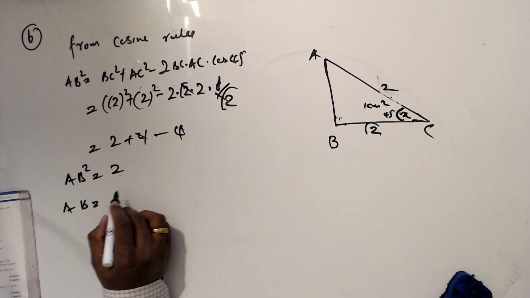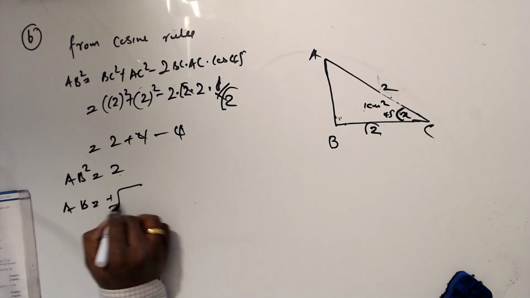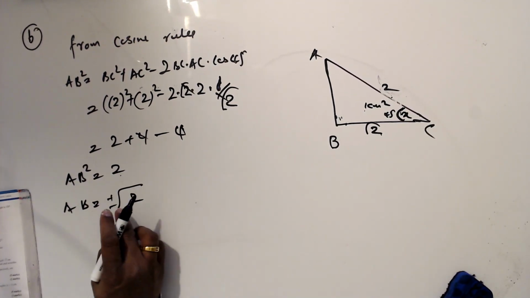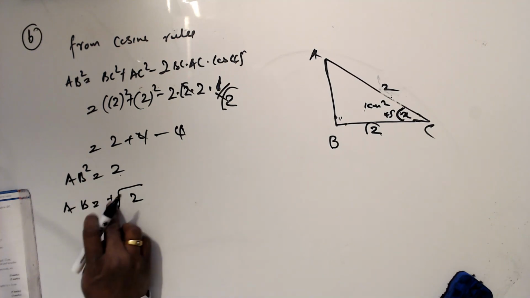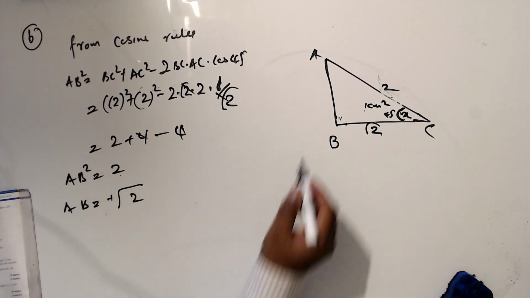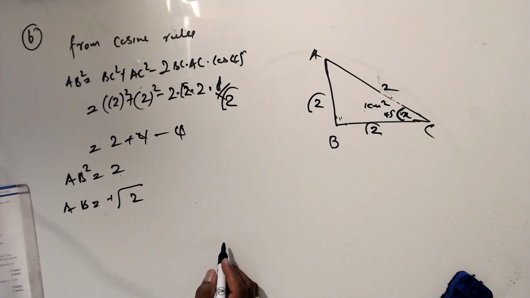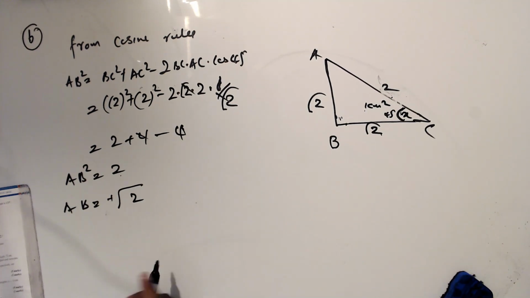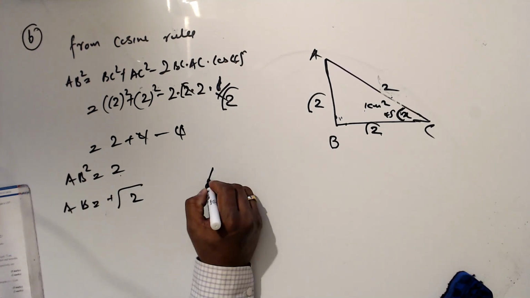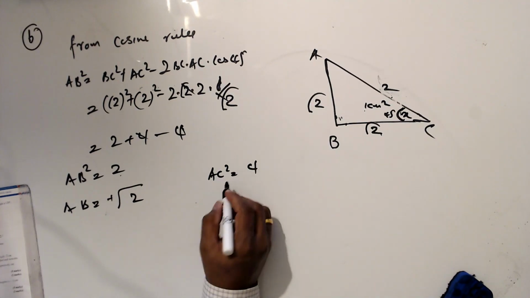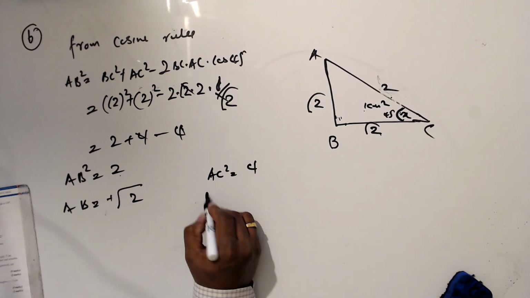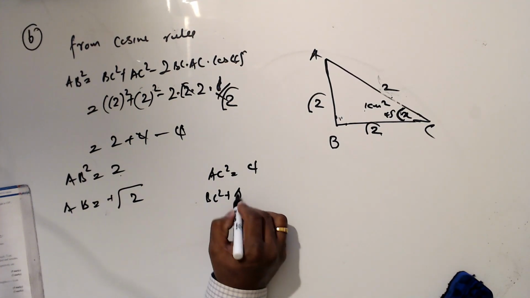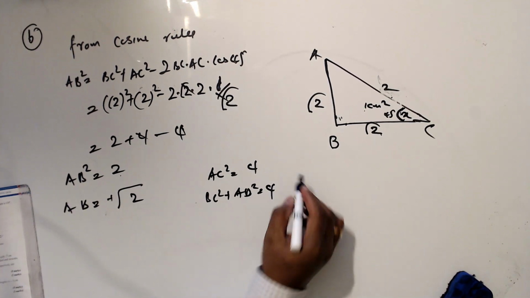AB is plus or minus square root 2. We'll go with plus, this distance. So this is square root 2. So AC square is 4. BC square plus AB square also 4.